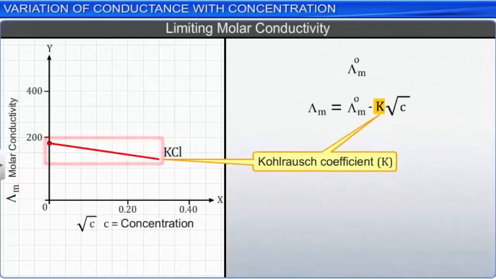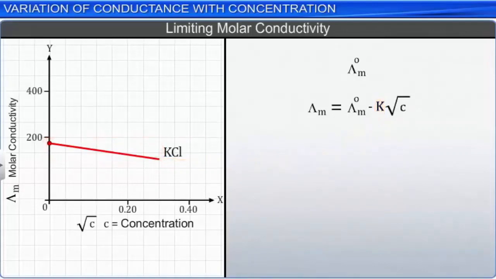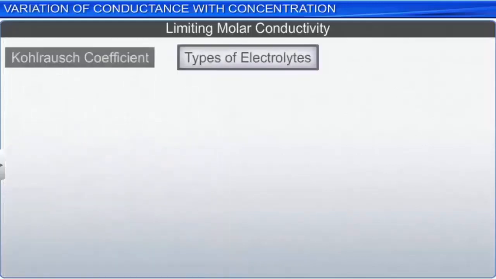The Kohlrausch coefficient depends on the cation and anion charges of the ions formed by the electrolyte. You can classify electrolytes by the charges formed. For example, NaCl is considered to be a 1,1 electrolyte, since the sodium ion is +1 and the chloride ion is -1.